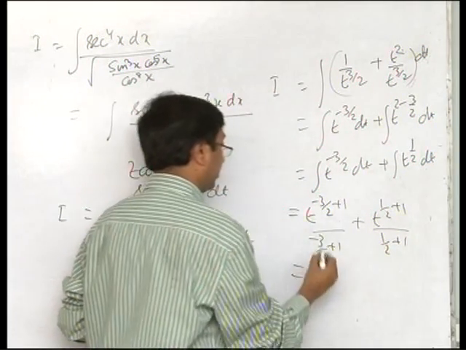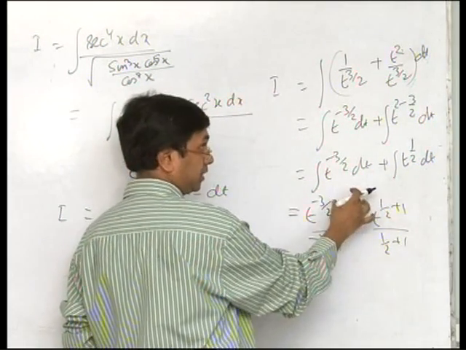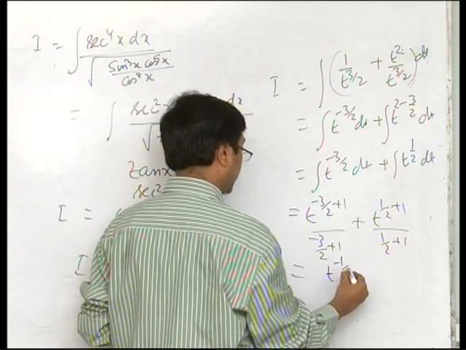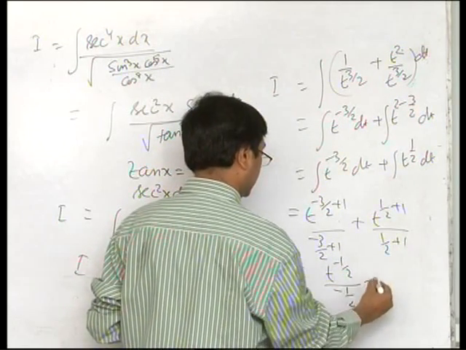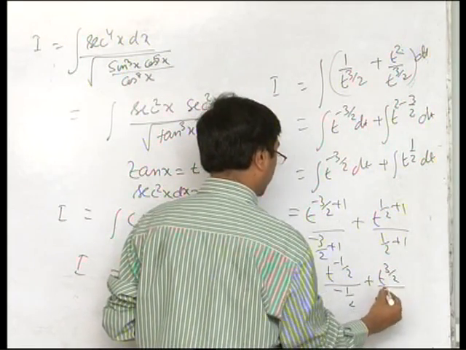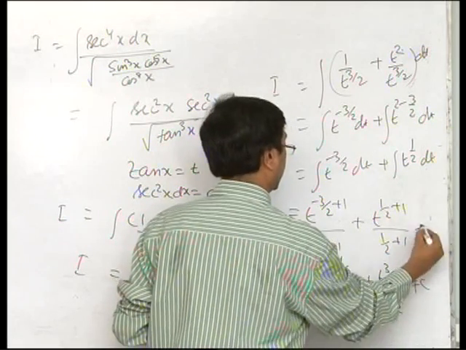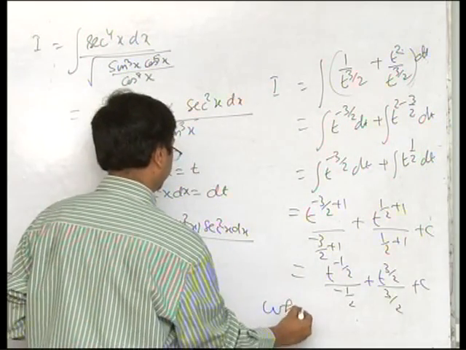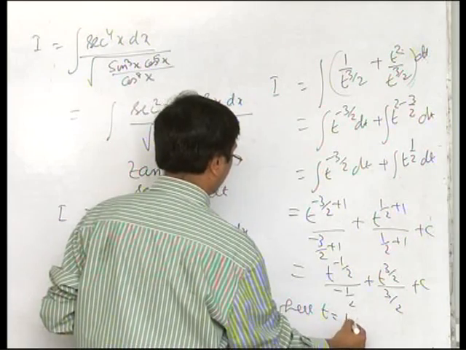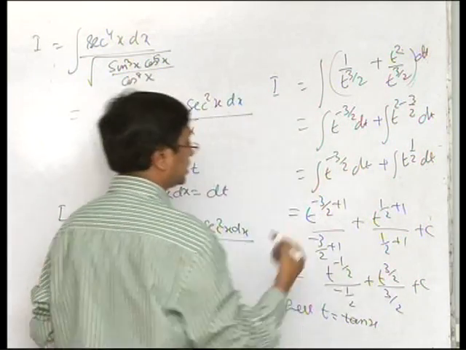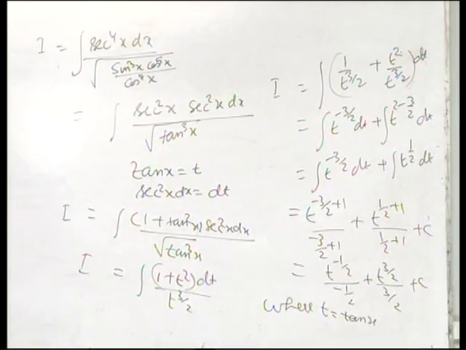So on simplifying, minus 3 plus 2, t raised to minus half upon minus half, plus t raised to 3 by 2 upon 3 by 2, and you can add plus c, where t is equal to tan x. You can substitute back and you can simplify.